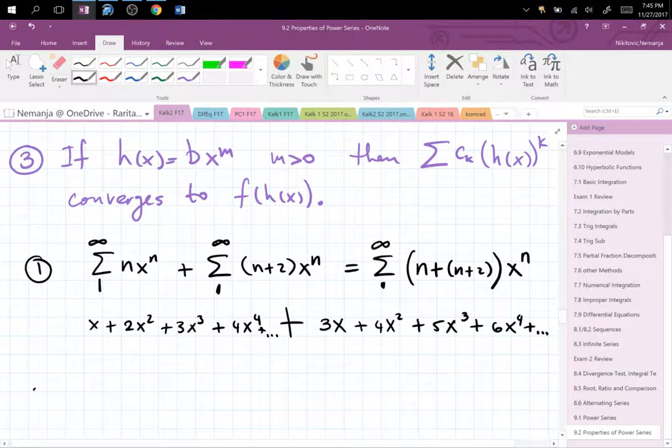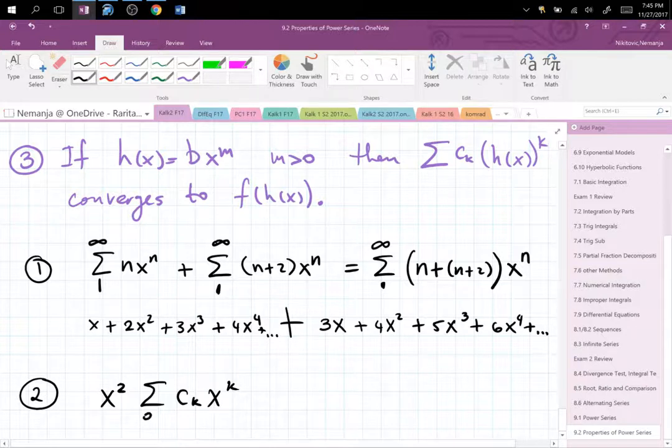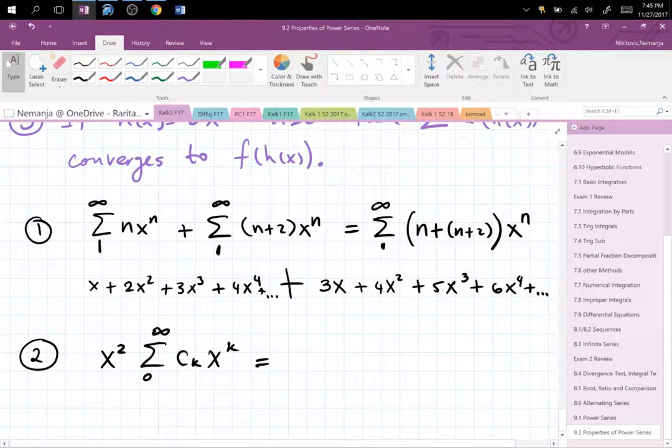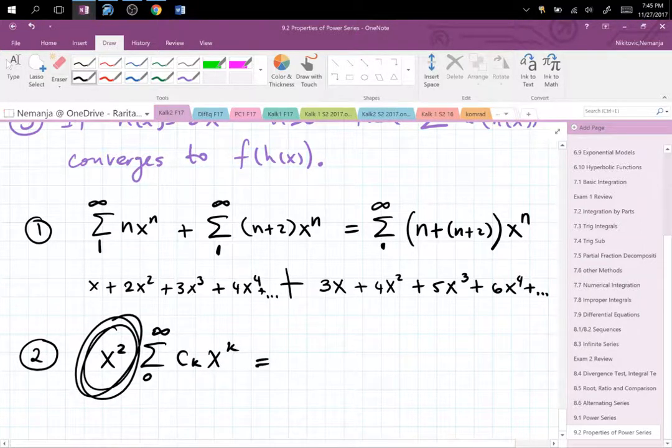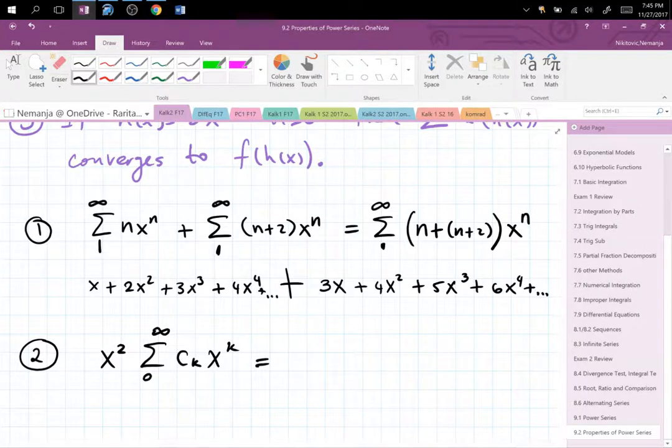Number 2. So number 2 is, let's say you have x squared times the summation of some kind of ck x to the k from 0 to infinity. Well, the variable is k, which means that the whole term x squared is just a constant, because the summation operates on k's. In the eyes of the series, k is the variable, x is a constant.